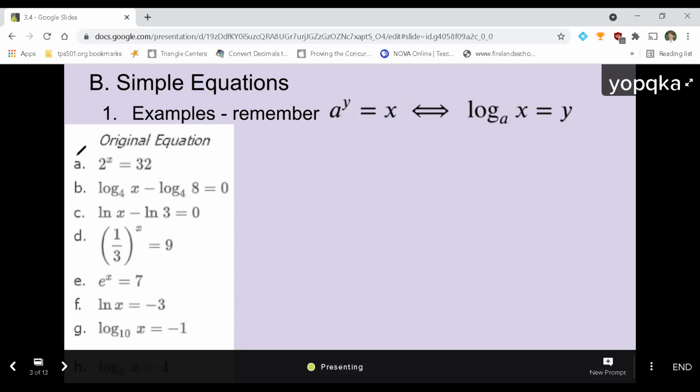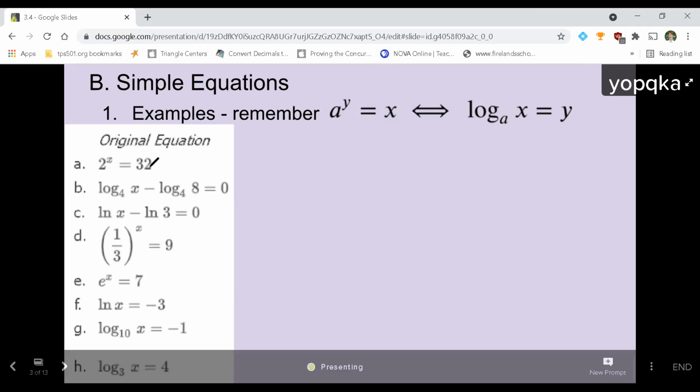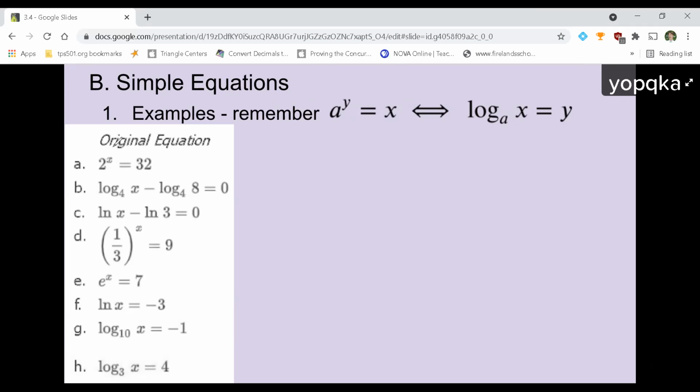So if I want to solve the first problem here, 2 to the x power equals 32, all I'm going to do is change it from an exponential to a logarithm. This would be log base 2 of 32 equals x. And then you can do that in a calculator, or to be honest, it's probably faster to do that one in your head. 2 to the what power is 32?